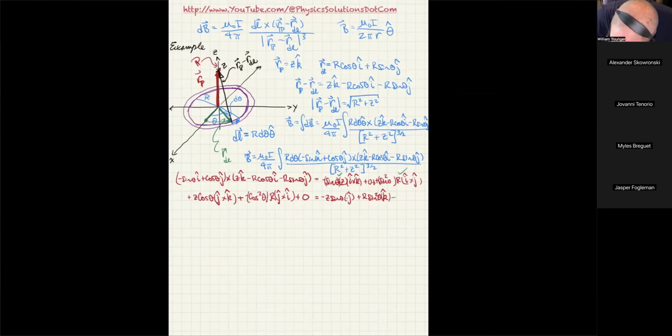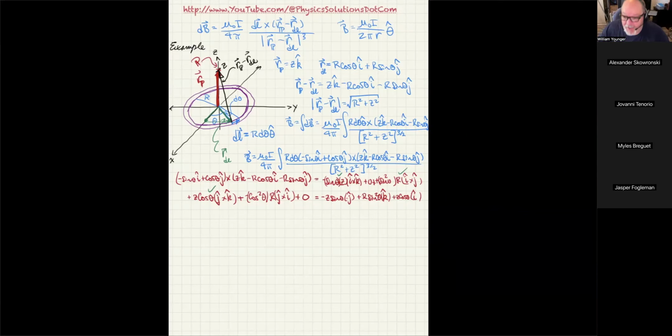So plus z cosine theta, and this should be i hat, which I've been putting in parentheses just to make sure it's obvious that the i hat's not having the cosine of it taken.